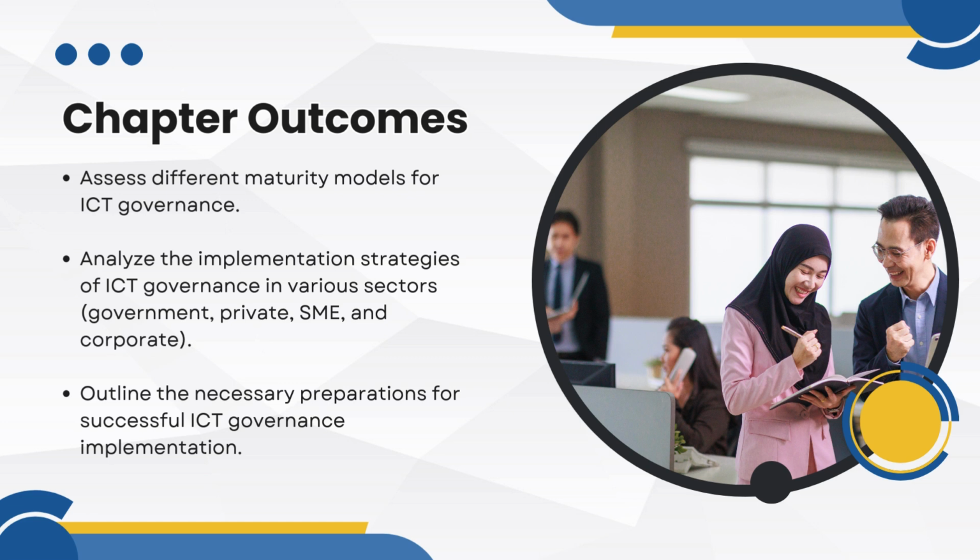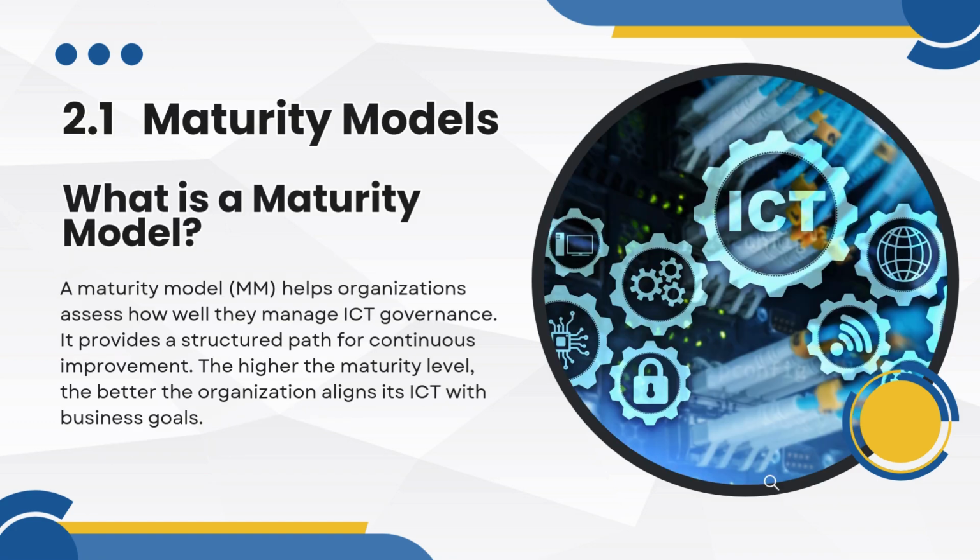Outline the steps organizations follow to successfully implement ICT governance. Understanding these concepts will help you see why ICT governance is important in any organization that relies on technology. Now, let's start with maturity models.